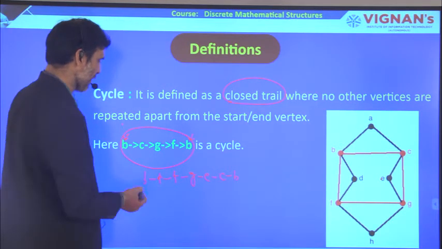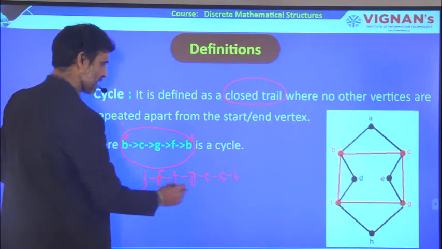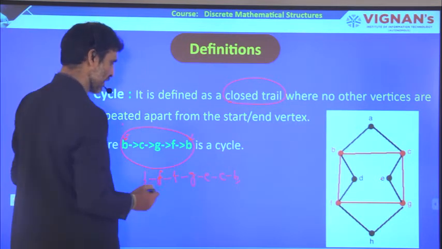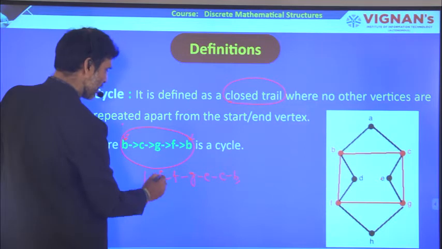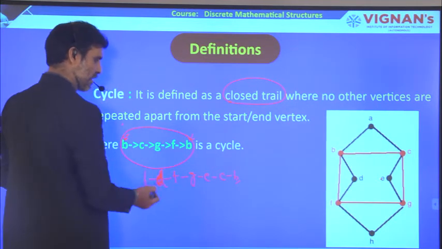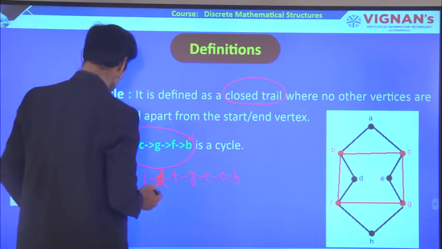Here also the start vertex and end vertex are the same, but in between, all the vertices we have taken are not repeated. So that is the case.